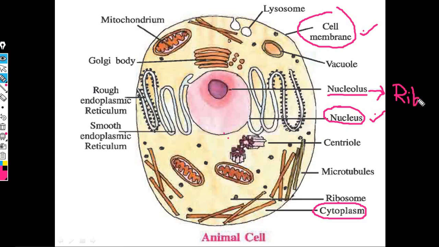Ribosomes are structures important for protein synthesis, and the synthesis of these ribosomes happens in the nucleolus.